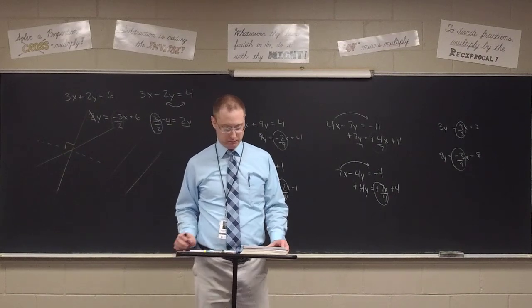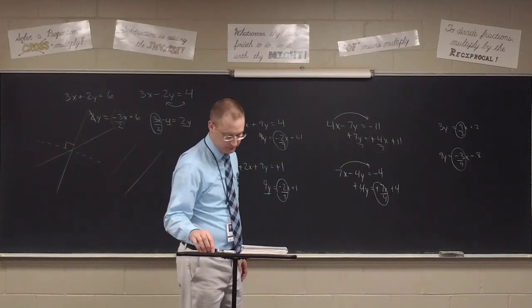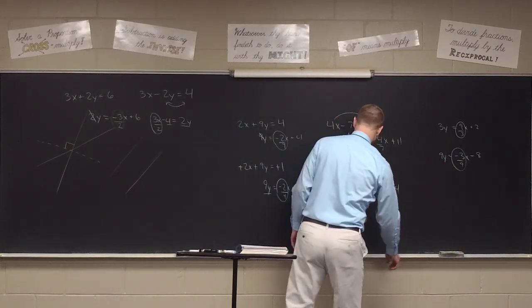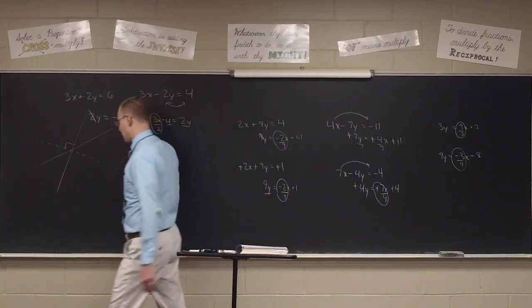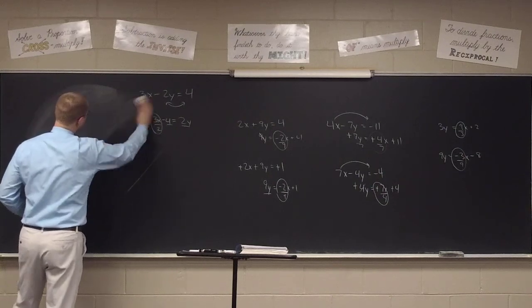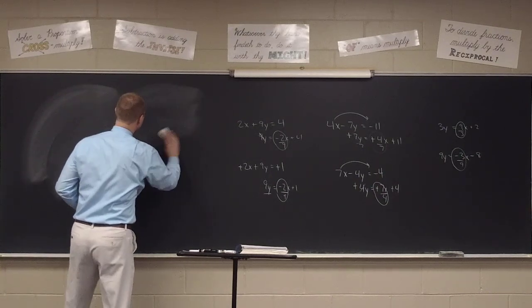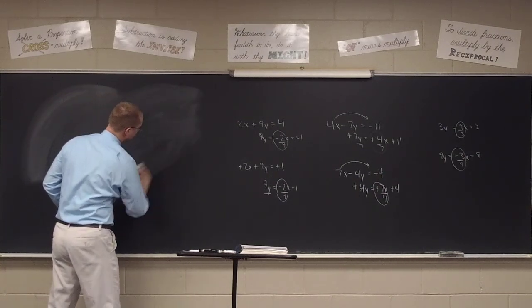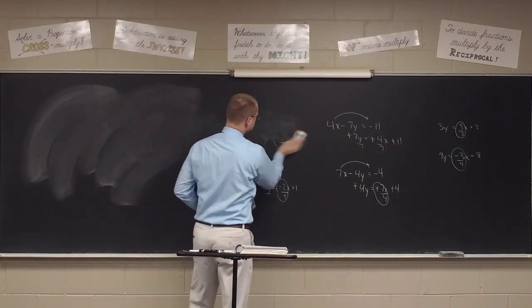Number 32. Let's find the slope of line 1 and line 2 using the slope formula.